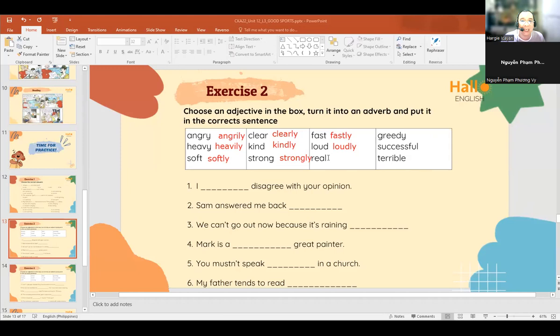Next, what about real? Real becomes really. Yes, really. Next, what about when I say greedy?